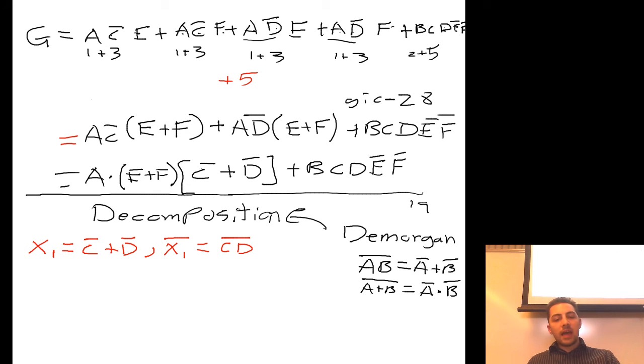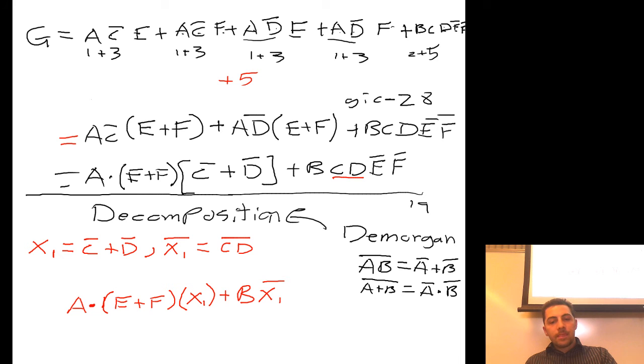So let's say we apply this. A and E or F. And we're just going to call this X1 now. Over here, I've got B, and then I've got CD, which is exactly what we have here, except it's inverted. So I'm going to call this one X1 bar, because together, these are the same thing.